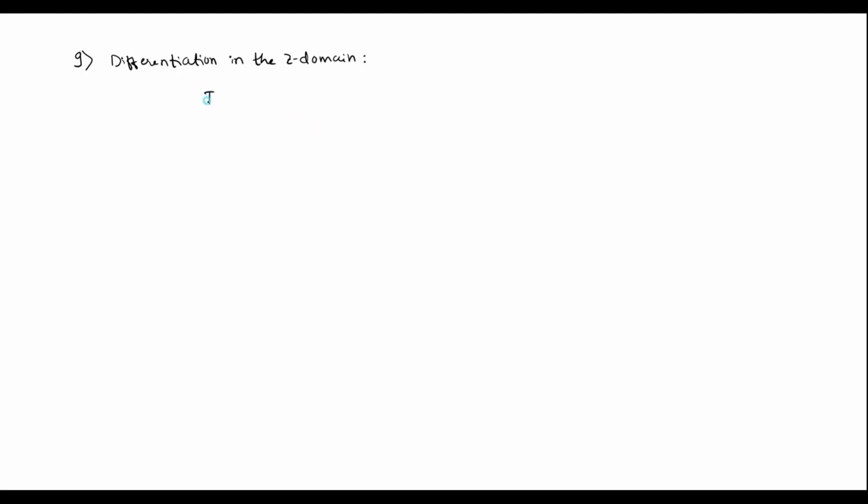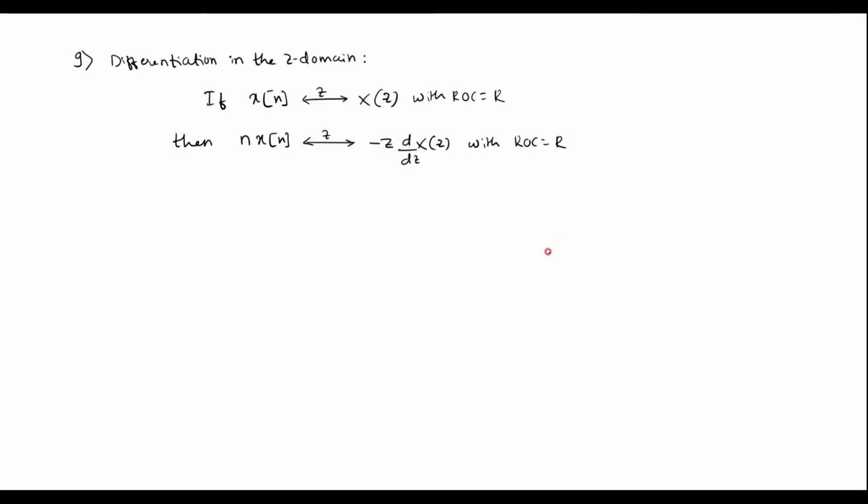This property says that if the z transform of any discrete signal x of n is x of z, with ROC say R, then the z transform of n x of n will be minus z differentiation of x of z with respect to z, having the same ROC, that is ROC equal to R. So this property is also known as the multiplication by n property.